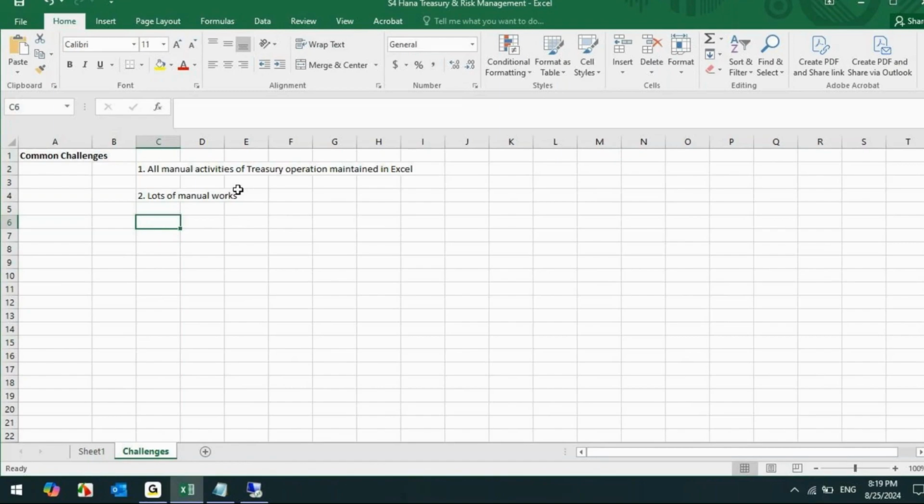Not only from the transaction point of view, but many times there is an approval mechanism. They have to send the email or the Excel to someone, and from there again they will say, "Yes, I am approving all these things." This is one of the process-oriented things I'm talking about.